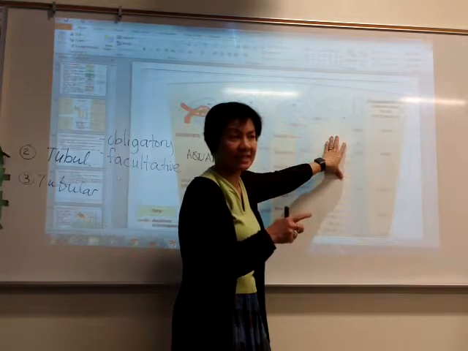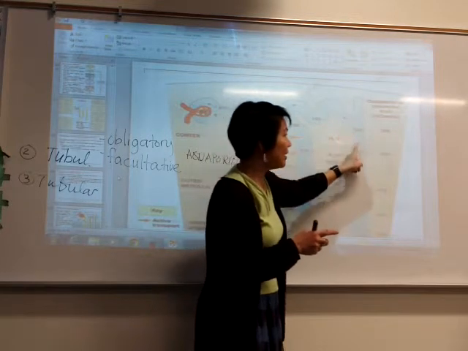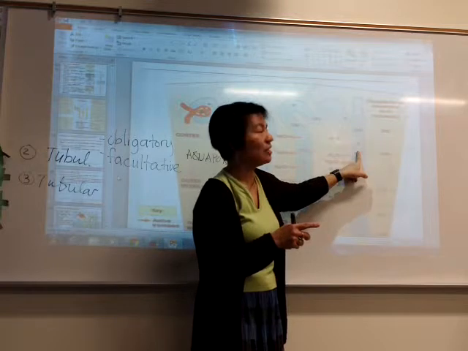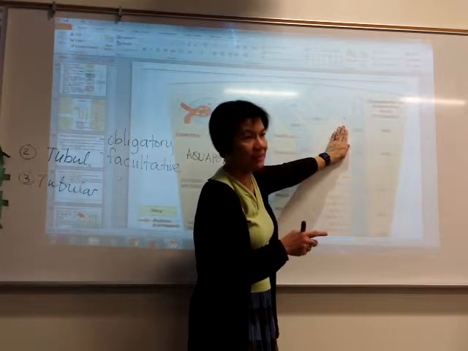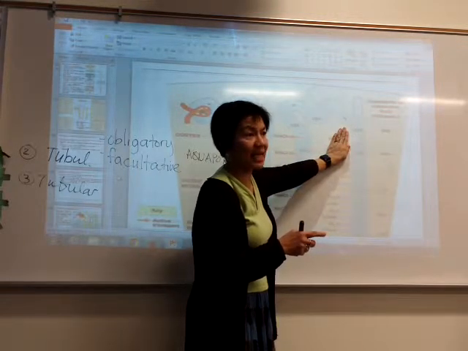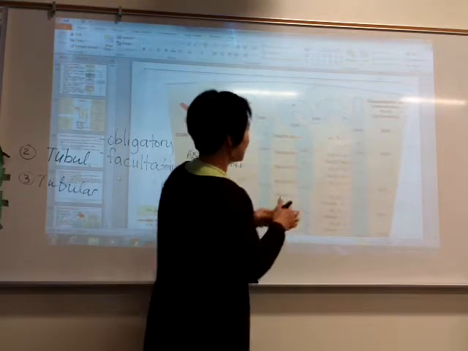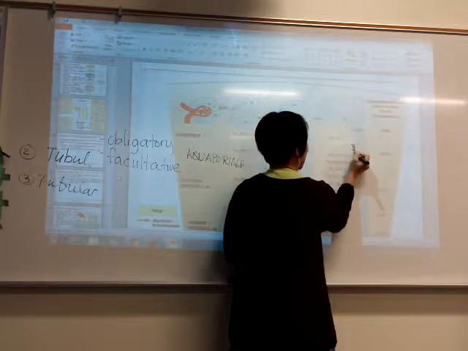Where in the kidneys is the target of your anti-diuretic hormone? Here in the collecting ducts. These collecting ducts normally have no aquaporins. But in the presence of anti-diuretic hormone, the tubular cells here respond by making aquaporins.